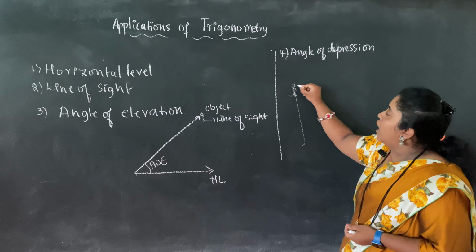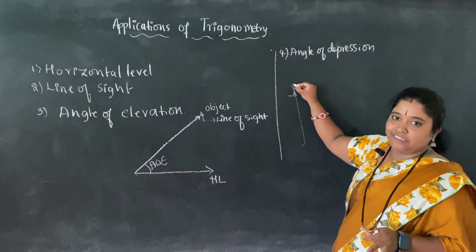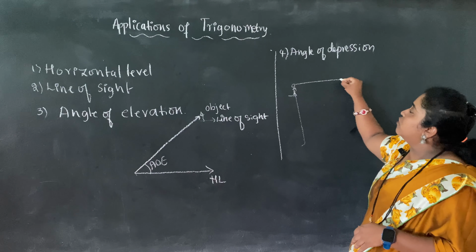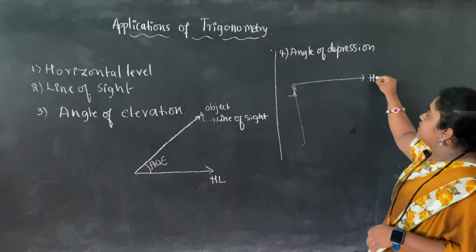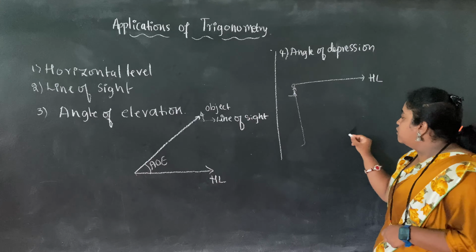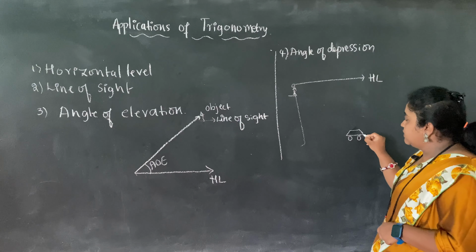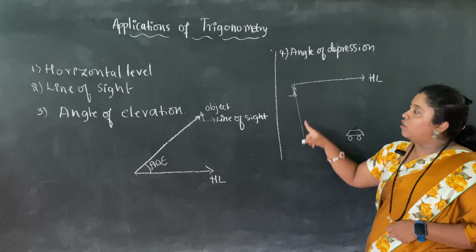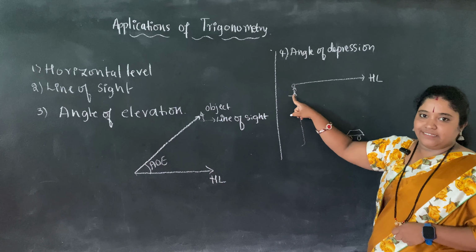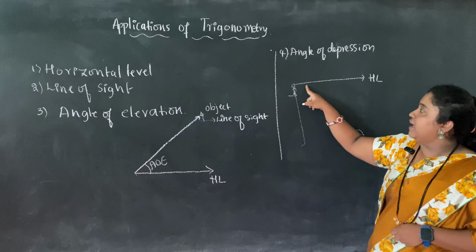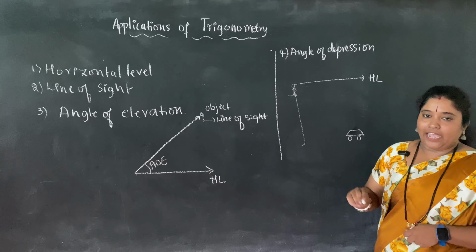Okay, so now with respect to this person's height, this is the horizontal level. Assume here there is a car moving. This is a building. On the top of the building, a person is standing, and with respect to his height, this is the horizontal level I have drawn.